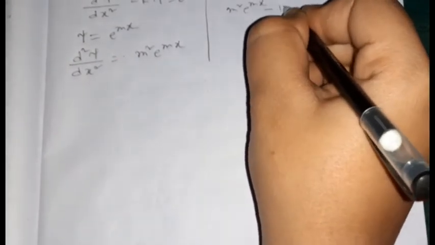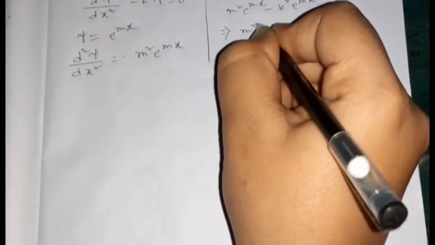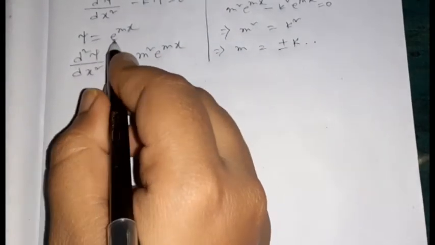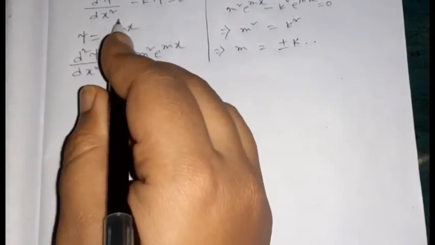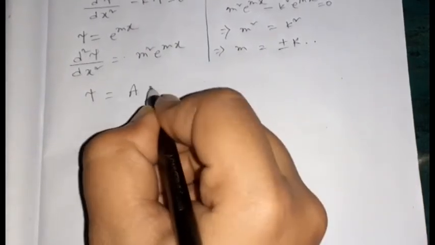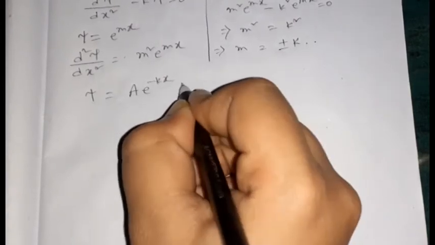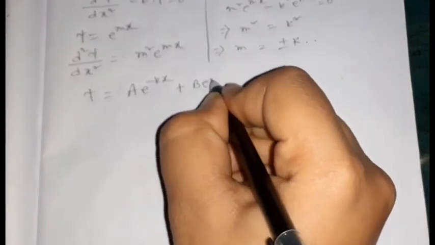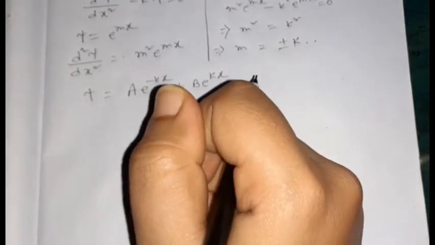Now putting this value in the differential equation, I get m square e to the power mx minus k square e to the power mx is equal to 0, and from that I can easily get m square equal to k square and m equal to plus minus k. So my solution, with m as chosen, is e to the power mx, and putting the value of m with some constants, it's like this, where a and b are constants which we have to find.